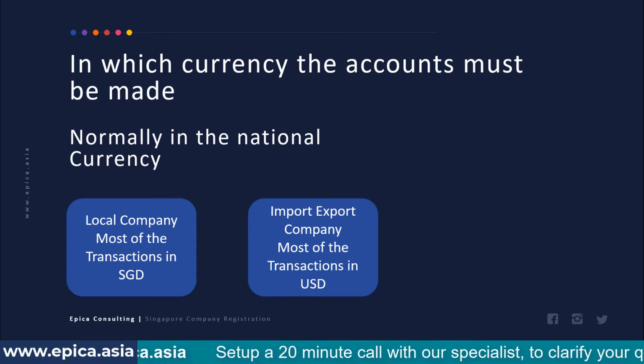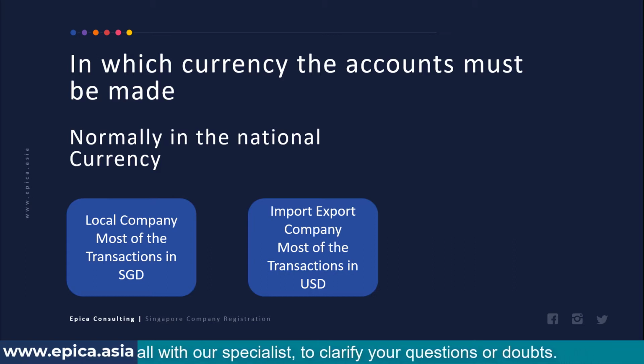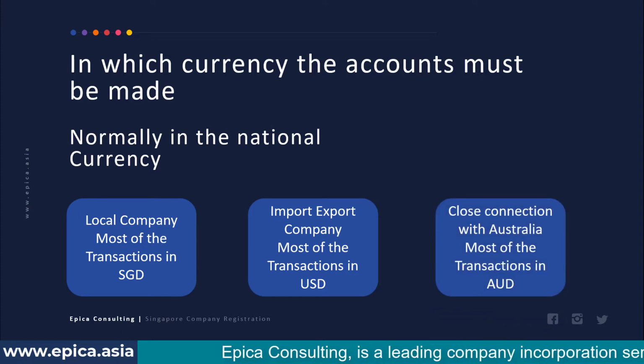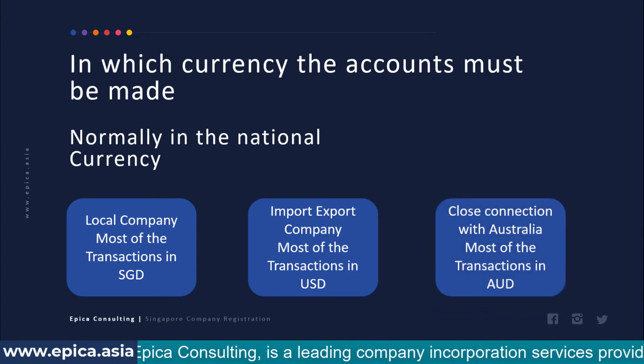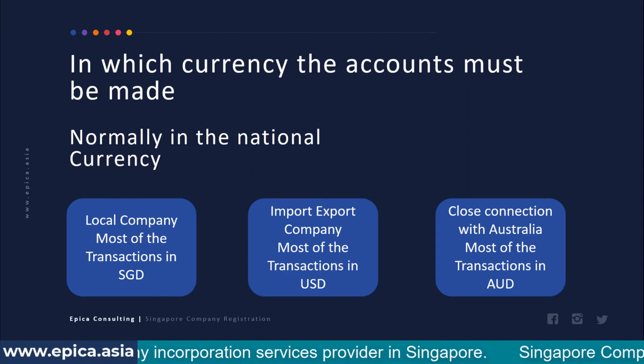In the sense, goods don't enter Singapore borders, and goods are normally bought in China and sold in other Asian region. And most of the transactions in this case are entered or processed in US dollars. And the third example is of a company which has close connections with Australia, and most of the transactions for this company are happening in Australian dollars.